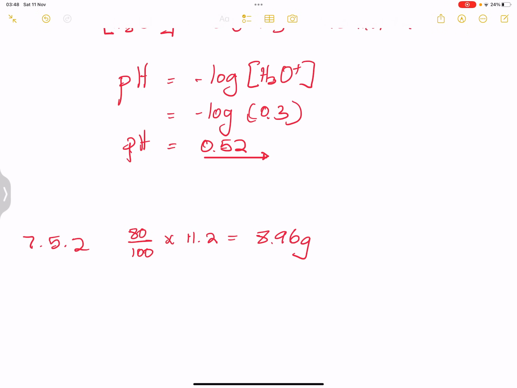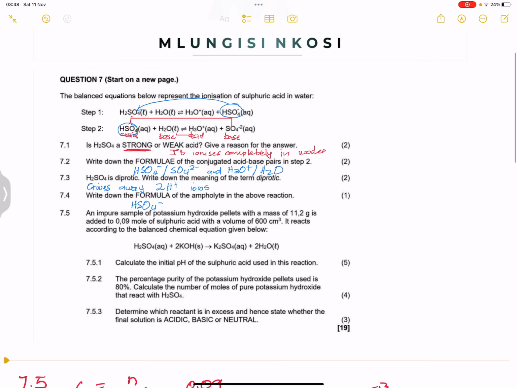So now this is the mass of the potassium hydroxide that would potentially react. So I'm going to take this and find the number of moles: mass divided by molar mass. In fact, they said to us, calculate the number of moles of pure potassium hydroxide.